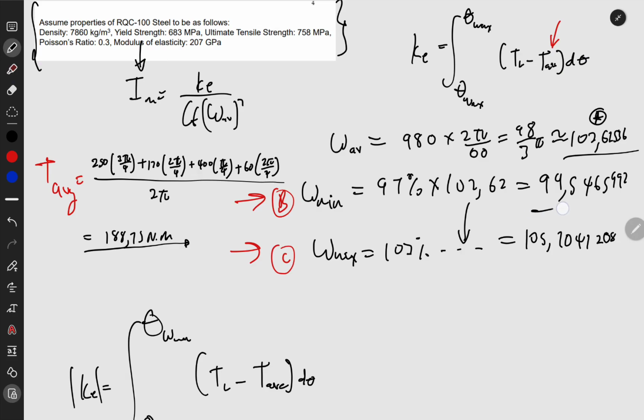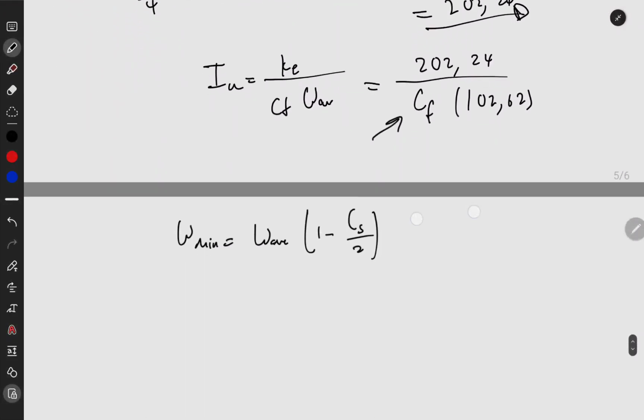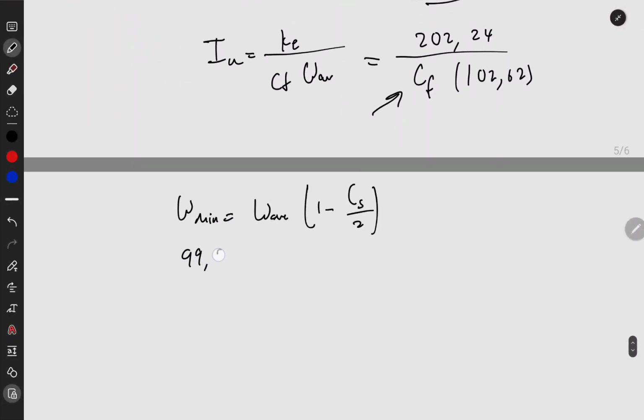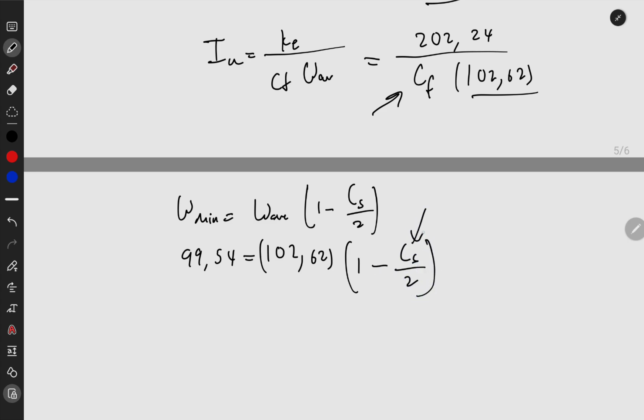Yeah, that's all. So we already know omega mean from our calculation from that 3% downing. I saved it, it's this much, 99.45, is equal to average, I think I just put it here to be 102.62. Hope I didn't make a mistake. 1 minus C, that's all over 2. Now we can solve this one. So after doing good math, you get your factor here to be 0.06.